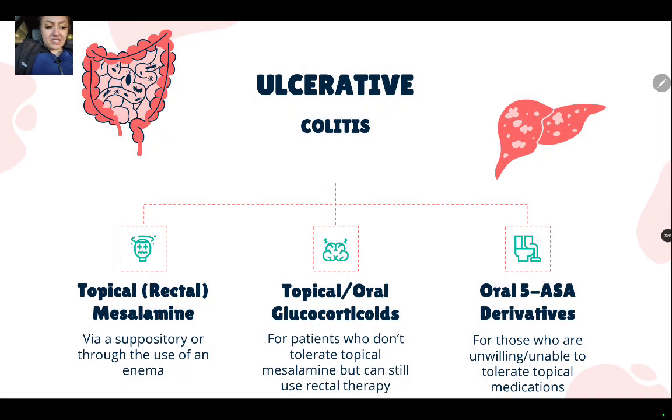And then ulcerative colitis. As you can see here, again, there are a lot of similarities between the treatment of Crohn's disease versus ulcerative colitis. Some of these are going to be more based on patient preference too.